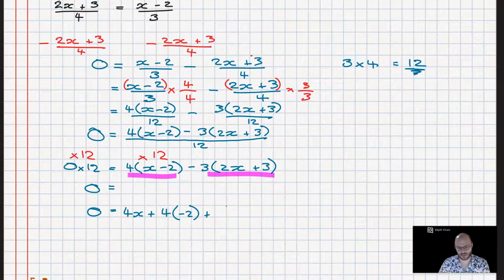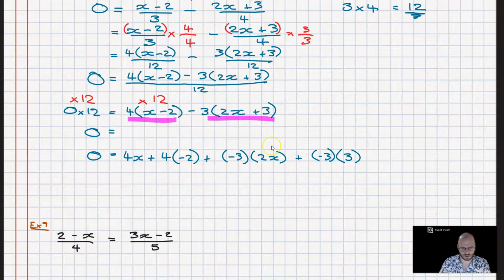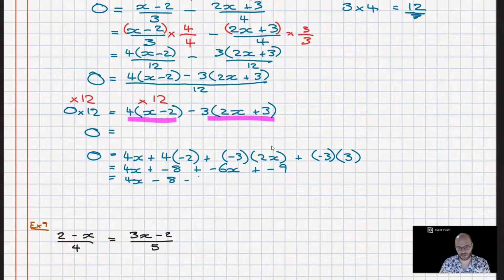Then we're going to get plus, and then we'll have a minus 3 times 2x plus minus 3 multiplied by 3. Evaluating, 4x plus minus 8 plus negative 6x plus minus 9. Getting rid of these pluses that we don't need anymore: 4x minus 8 minus 6x minus 9.